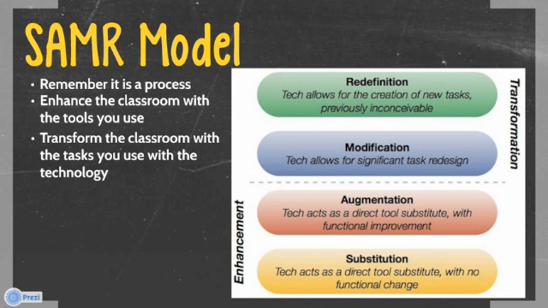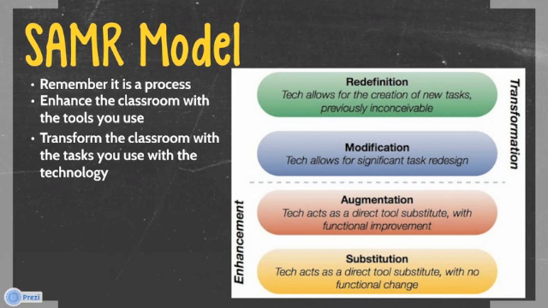So the next one that you're looking at above the line is modification, where you're actually looking at a significant task redesign. I'm a language arts teacher, so let's say we move from a direct substitution of a spiral-bound journal where they're doing a lot of journal writes to using the app Notability, for example, and they're doing all of their journal writes in the app Notability.